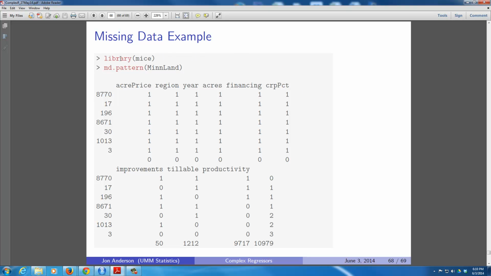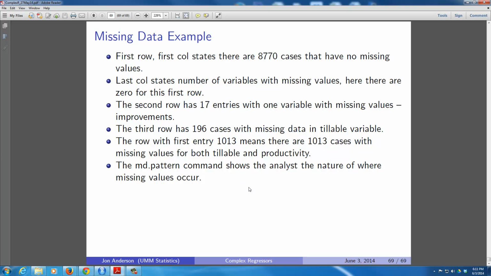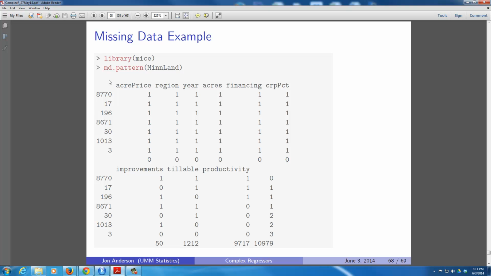Here's an example using some functions from the mice library on one of our data sets in our book, Minnesota Land. The purpose is to show you how to find out about missing data in your data set. On overhead 69, you'll see how to read this output. We'll do the missing data pattern function on the Minnesota Land data frame.